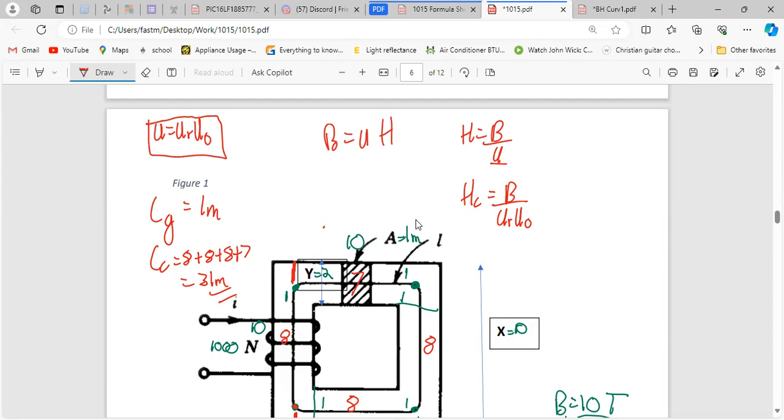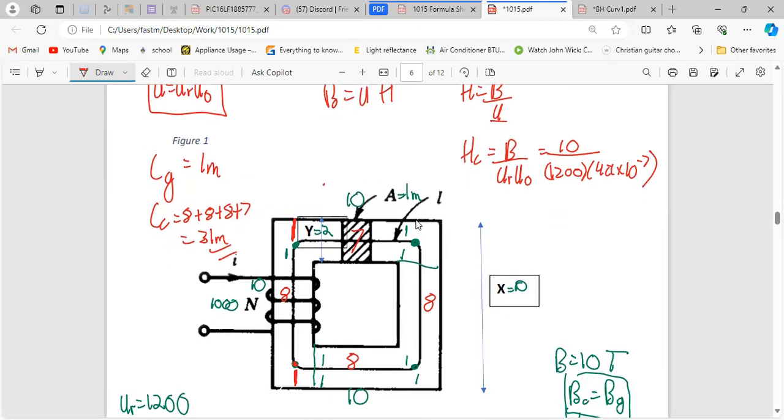Nice. So HC, you got that from the question. So in the question, it would just be 10 divided by your mu R for the core. I think the set was 1200 and multiplied by the permeability of free space. Yeah. And then we have HG, B is the same, and it will be divided by mu 0. Yeah.